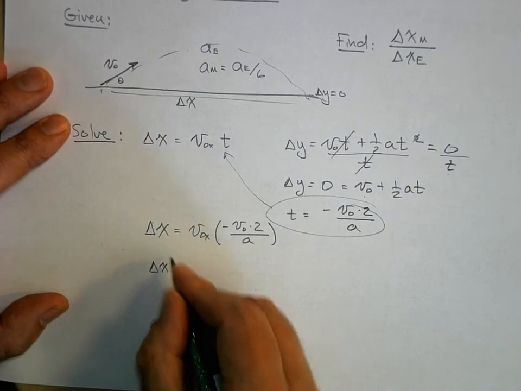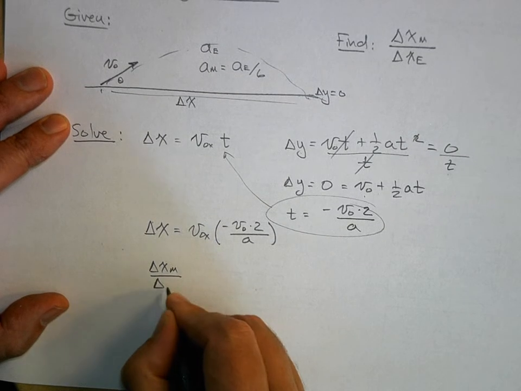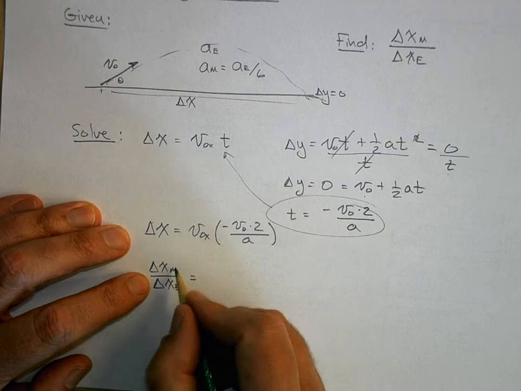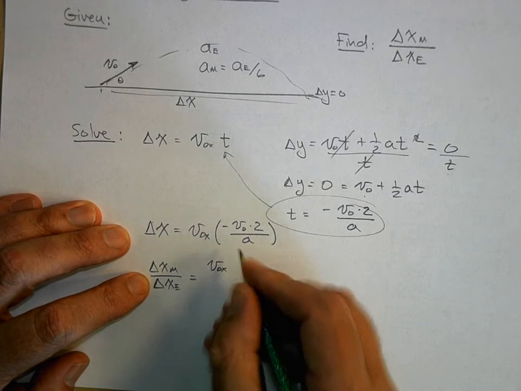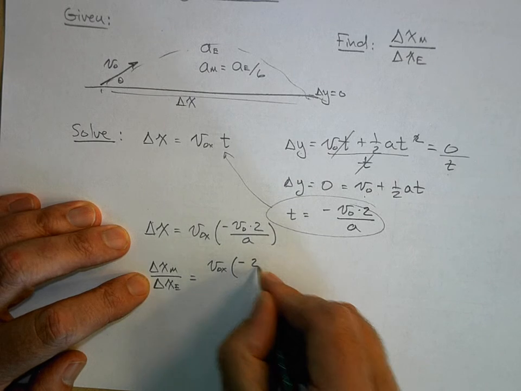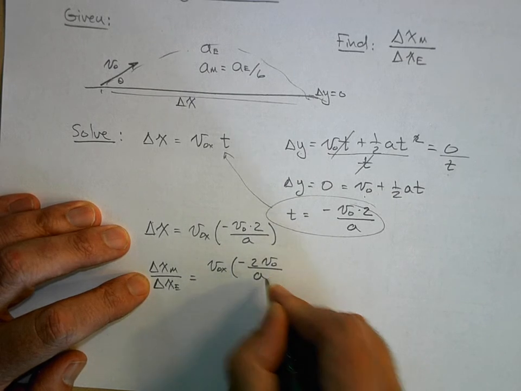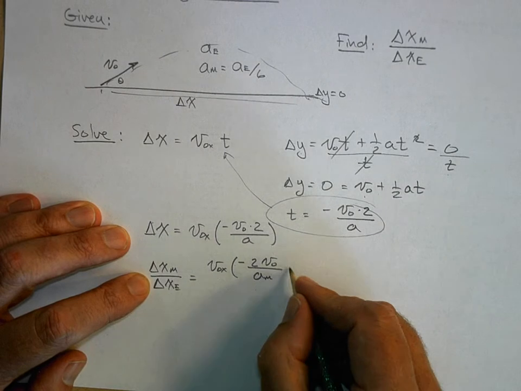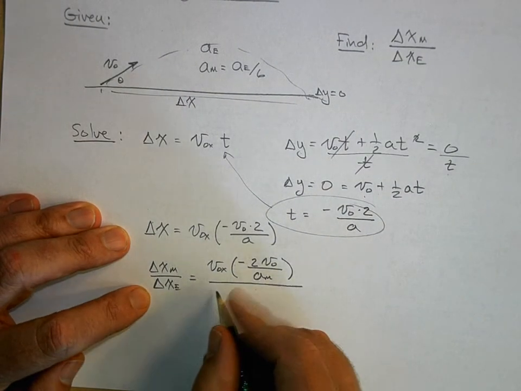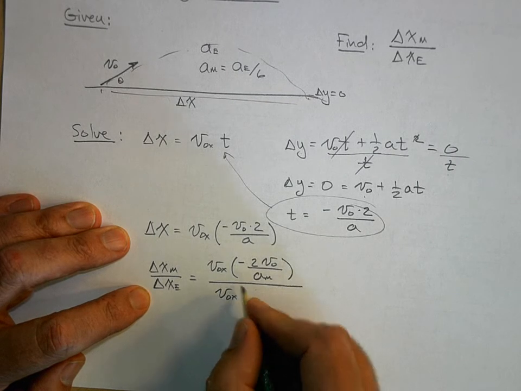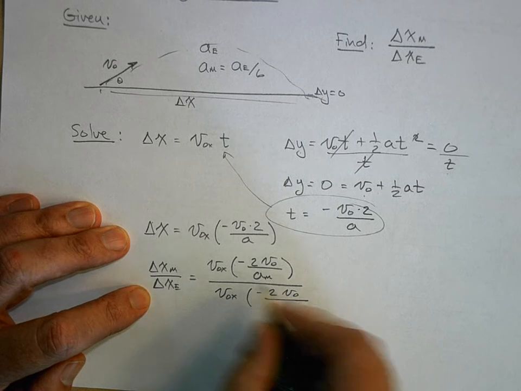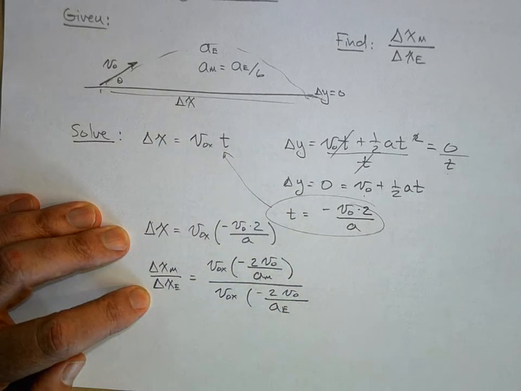Delta x on the moon divided by delta x on the Earth is equal to, well, delta x on the moon is v naught x, but that doesn't change, we said the initial velocity was the same, times negative 2 v naught over a on the moon, divided by delta x on the Earth. Well, that's v naught x times t, but t there is negative 2 v naught over the acceleration on the Earth.